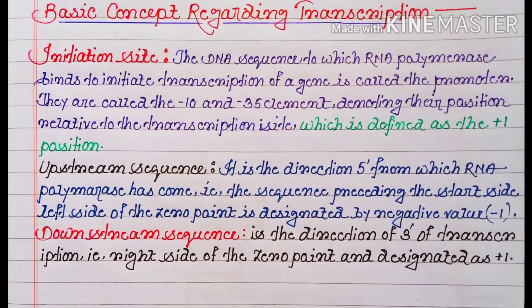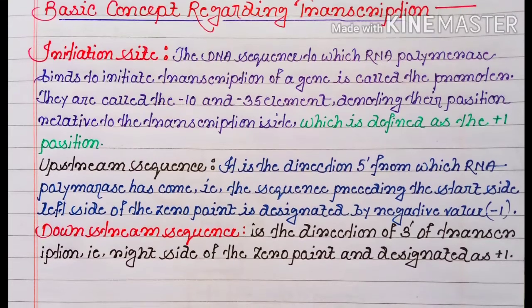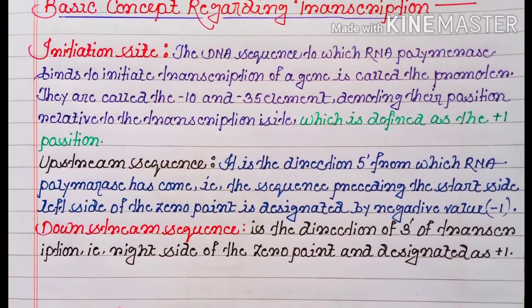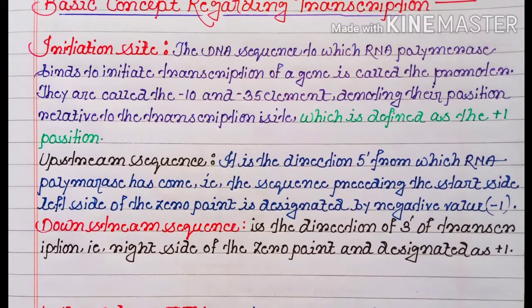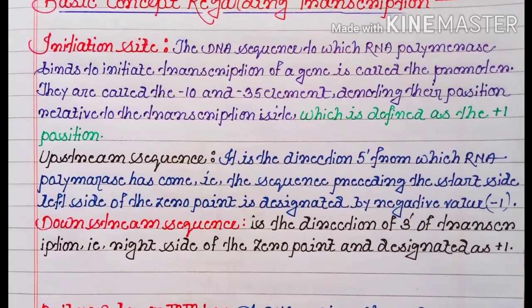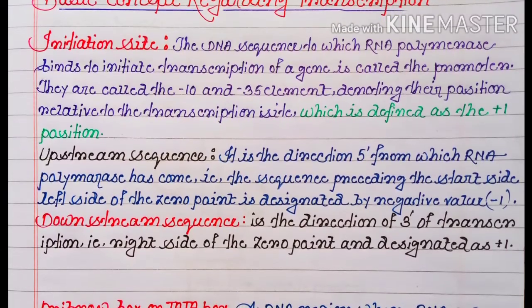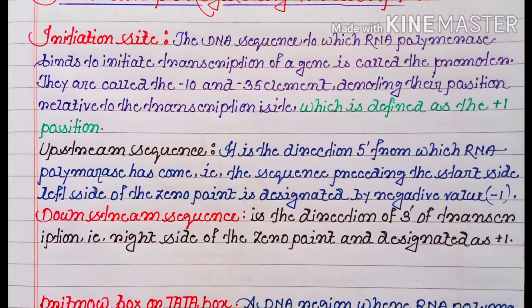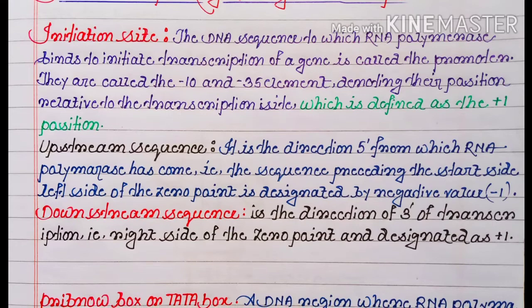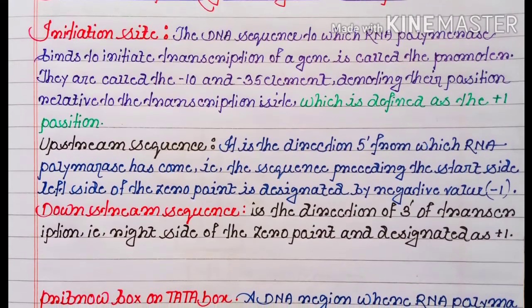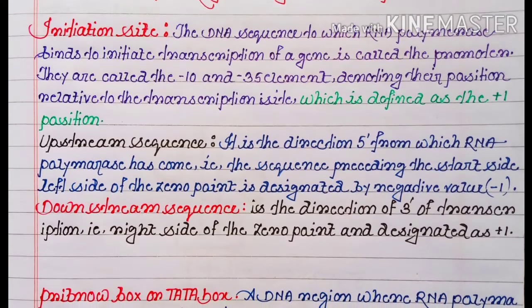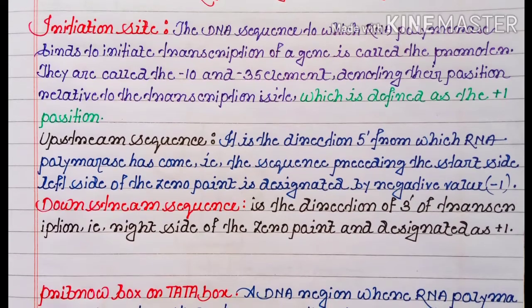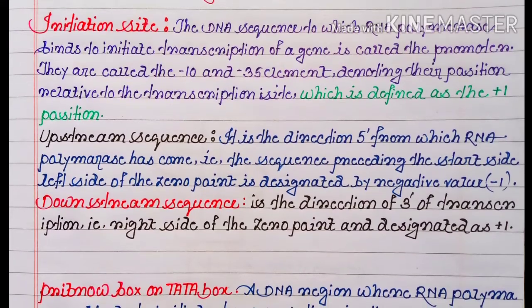Now look at some basic concepts regarding transcription or RNA synthesis from DNA. First, the initiation site. The DNA sequence to which RNA polymerase binds to initiate transcription of a gene is called the promoter.